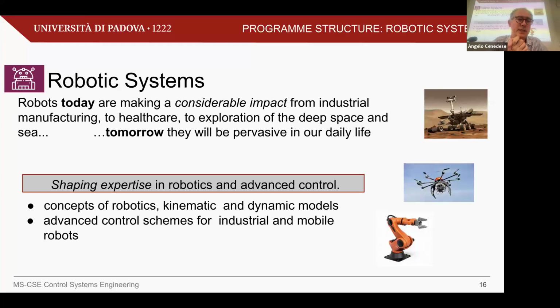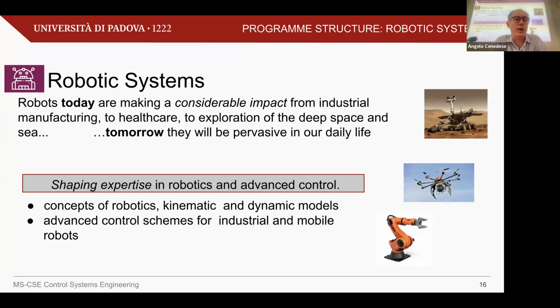Okay, let's come to the second curriculum. It is related to robotic systems, and it is easy to realize how robots are impacting our daily life now and how they will impact our tomorrow life. They will be really pervasive.